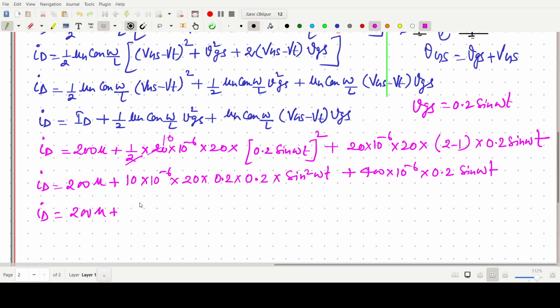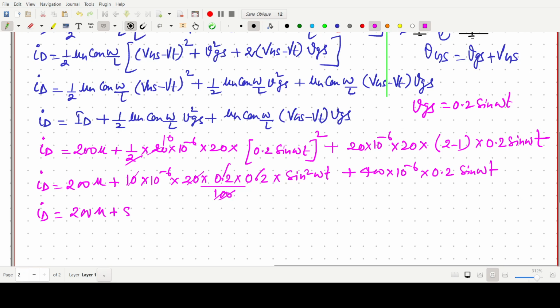200 micro plus, now if you have to solve 0.2 into 0.2, suppose I am removing these two decimals, so it should be 100. So this zero cancels, this zero cancels, 2 to 4, 4 into 2 is 8. So 8 into 10 to the minus 6. Okay, one more line I will write after that.